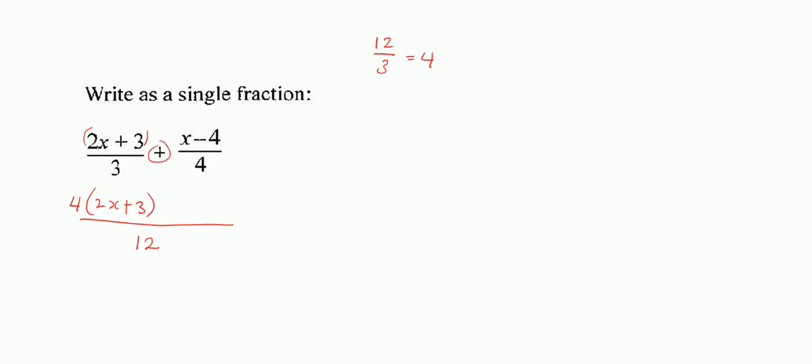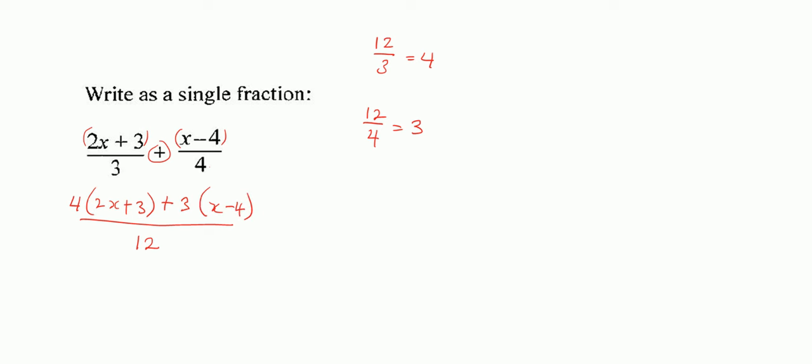We're going to write back the sign here, plus. Now 12 over 4, 4 can go into 12 3 times. So this will be 3 multiplied by the top piece here, which is x minus 4.